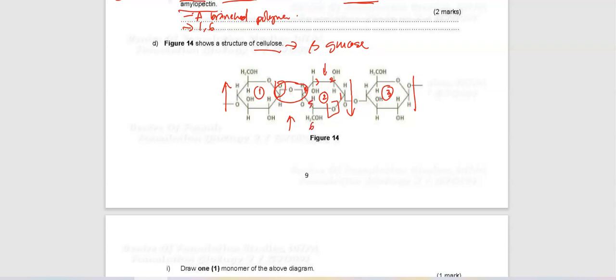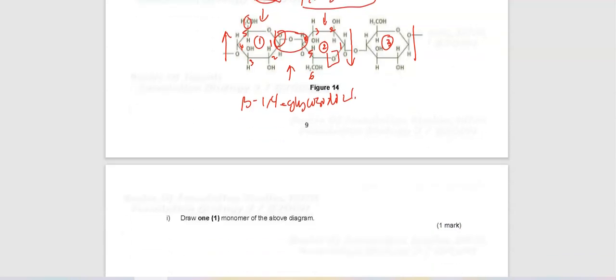For the first monomer, carbon number 1, number 2, number 3, number 4, number 5, number 6. So the bond between the beta glucose in cellulose will still be a 1,4 glycosidic bond, but because it involves beta glucose, to be more specific, it is a beta 1,4 glycosidic bond.